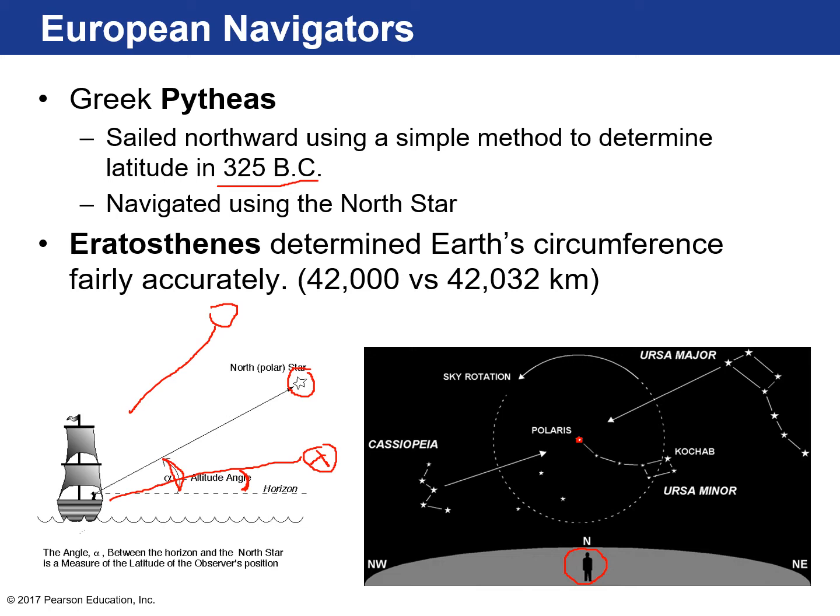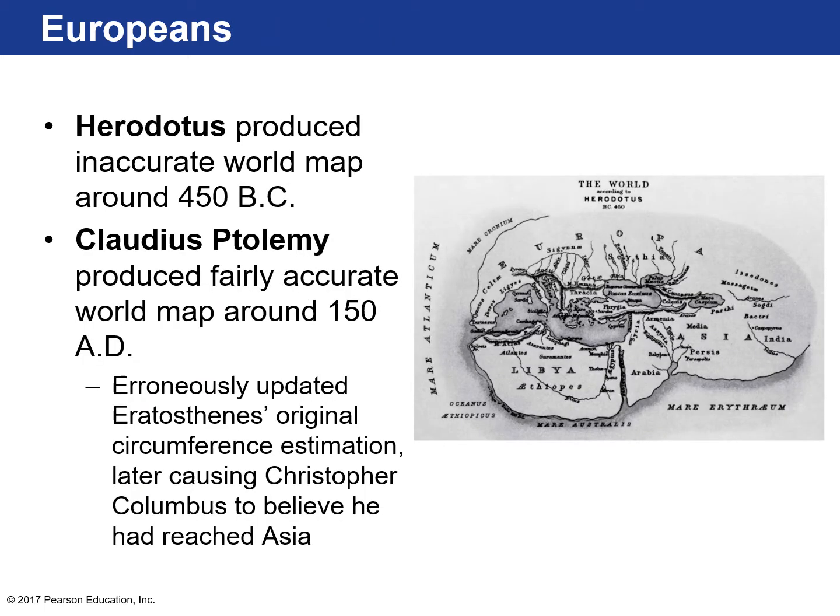He came up with a number of 42,000 kilometers, right? 300 years before the Common Era. And the true circumference of our Earth is 42,032 kilometers. It is remarkable that he was able to calculate with that level of accuracy 300 years before our Common Era, which is pretty incredible.